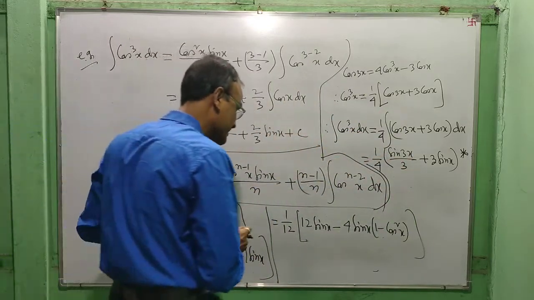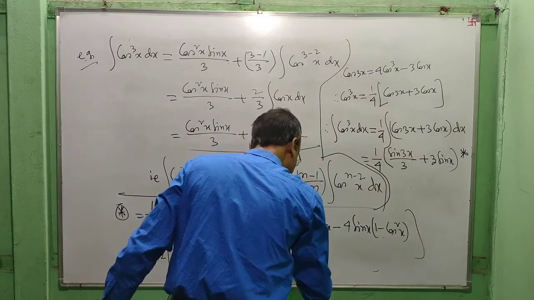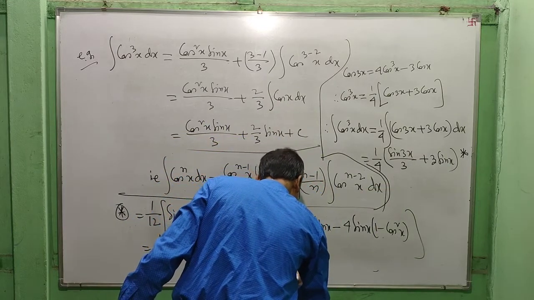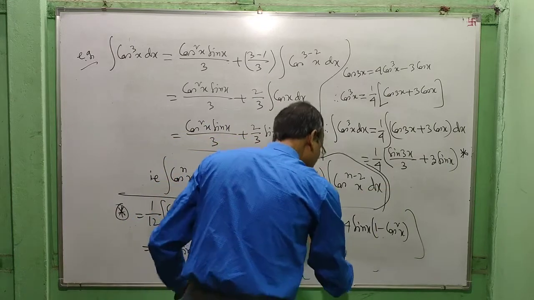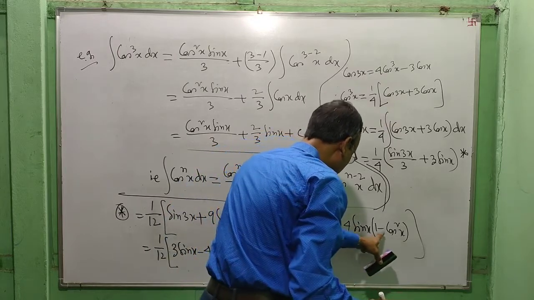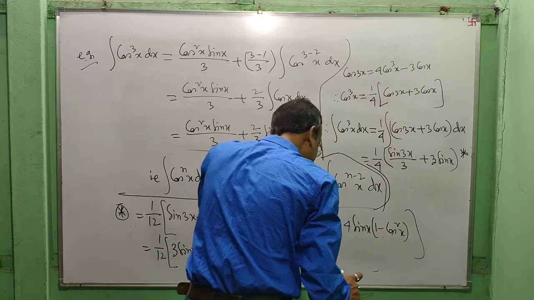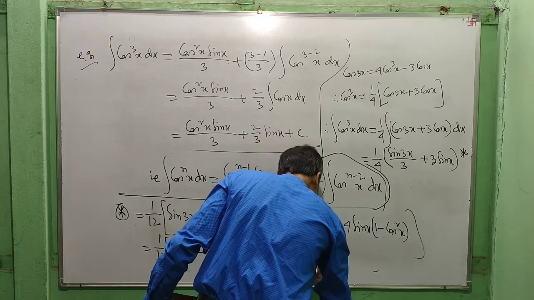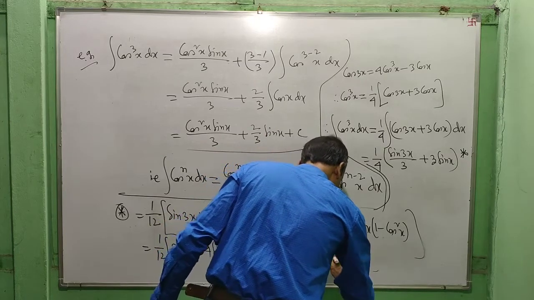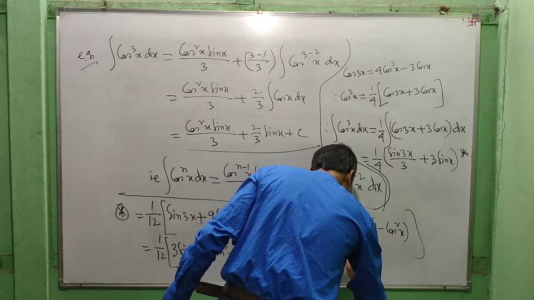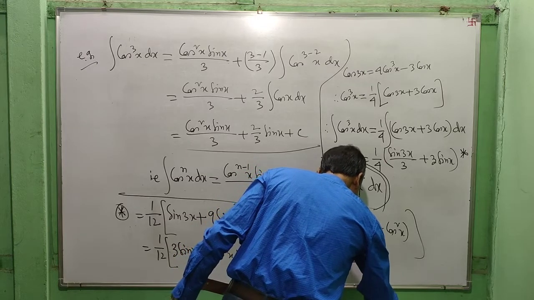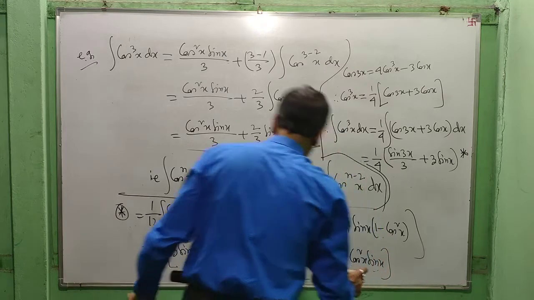This is equal to 1 by 12 (12 sin x minus 4 sin x, which is 8 sin x, plus 4 cos square x into sin x).